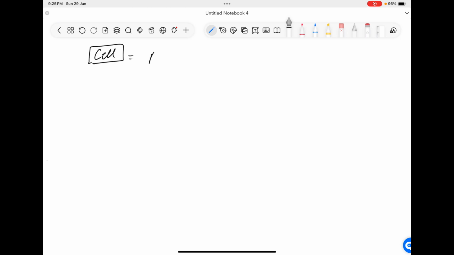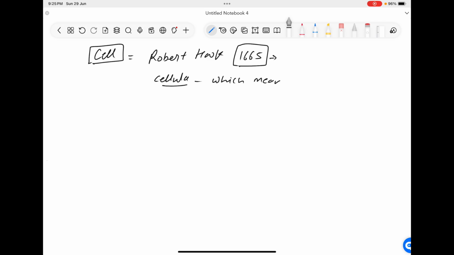The cell was discovered by Robert Hooke in 1665, and he called it cellula, which means small room in Latin language.